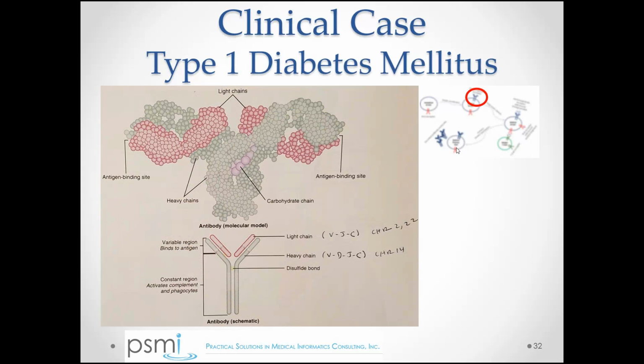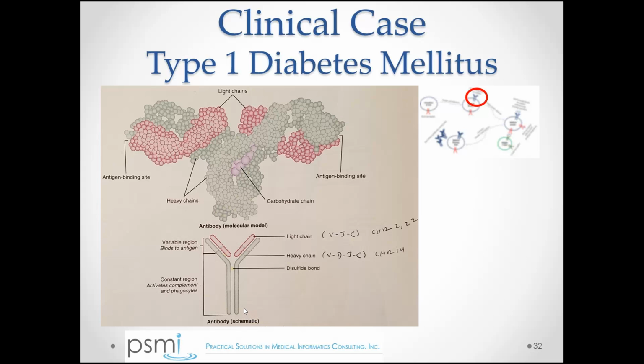Before we look at plasma cells, let's just take a little bit of a review about what exactly the immunoglobulin receptor is. The immunoglobulin receptor is a very complicated receptor that results from 7 different genes.